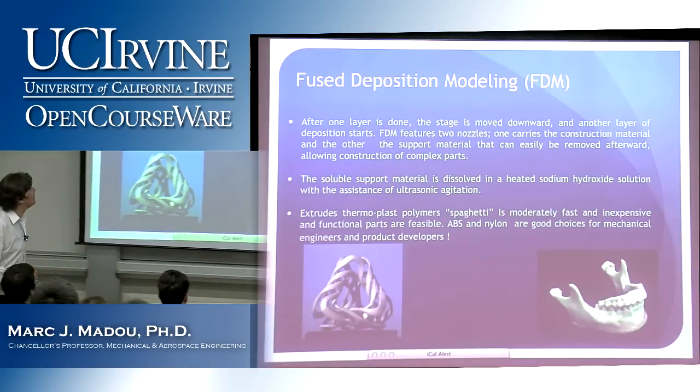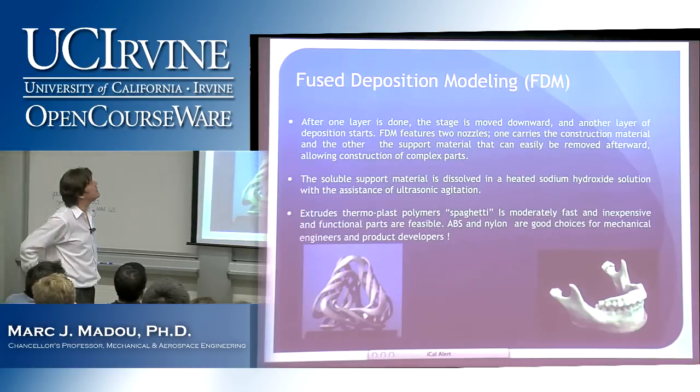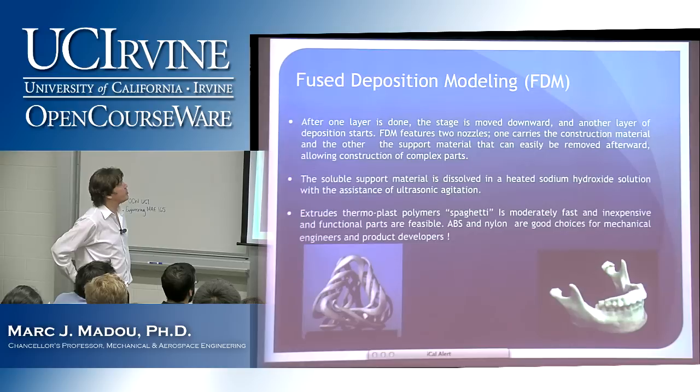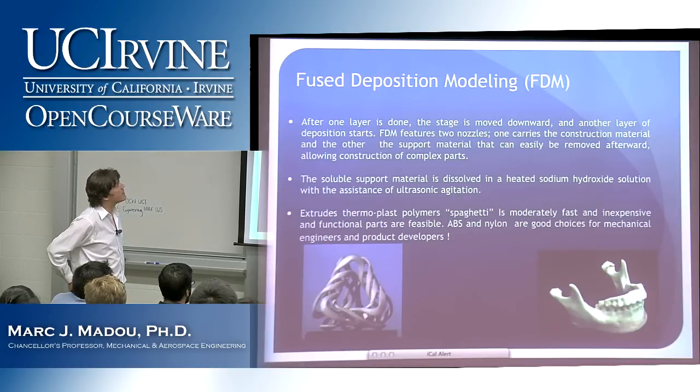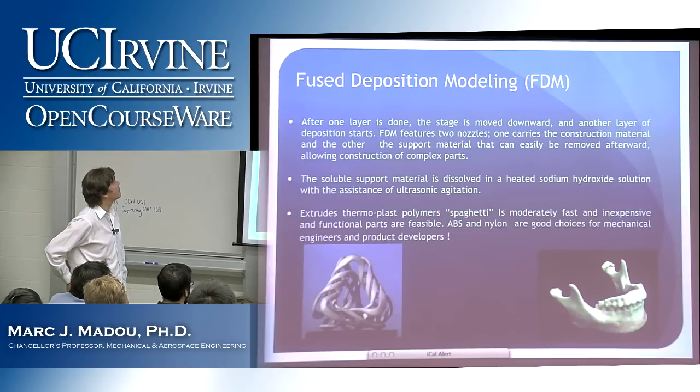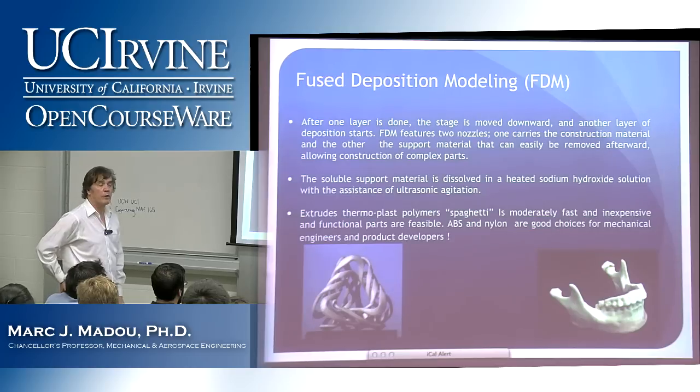After one layer is done, the stage is moved downwards, that's your Z direction, and another layer of deposition starts. FDM features 2 nozzles. One carries the construction material, and the other the support material. And that support material can easily be removed afterwards, allowing construction of complex parts.